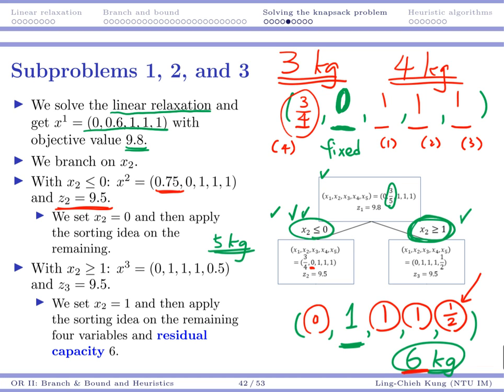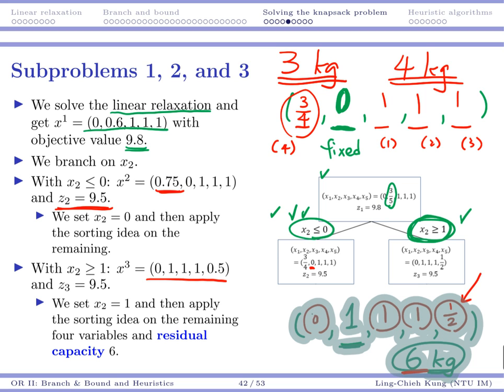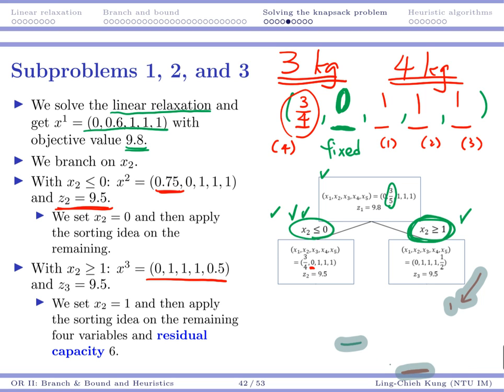And then there's no way for you to take item 1. So that's how you get this particular solution. And it happens that this solution, unfortunately, is also fractional. So you see that there is a fractional value for x5. So we may need to further do some branch and bound on this one.